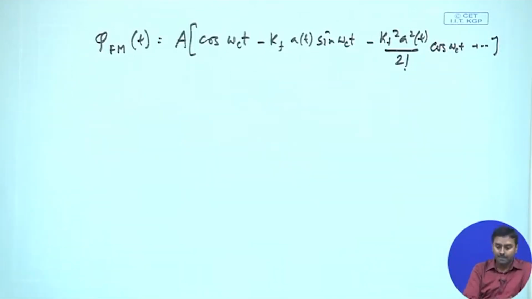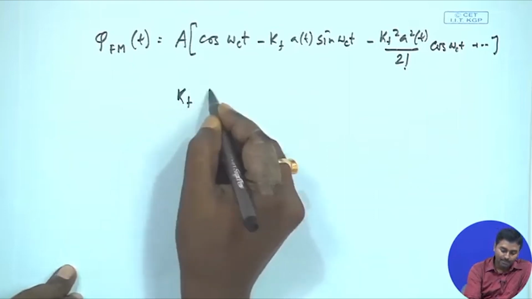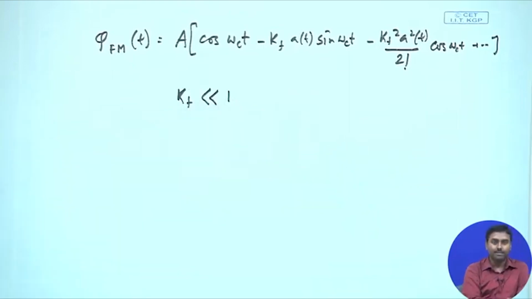Initially people said they wanted a very small deviation, and that would create a narrowband FM. At that time people were thinking that narrowband FM means almost 0 bandwidth, so del f will be 0. With that understanding we say that kf will be much smaller than 1, a very small value of kf.